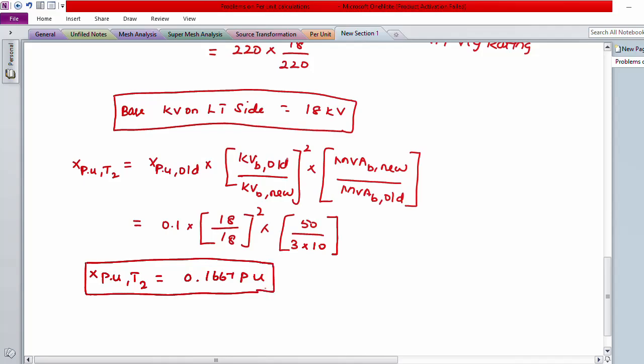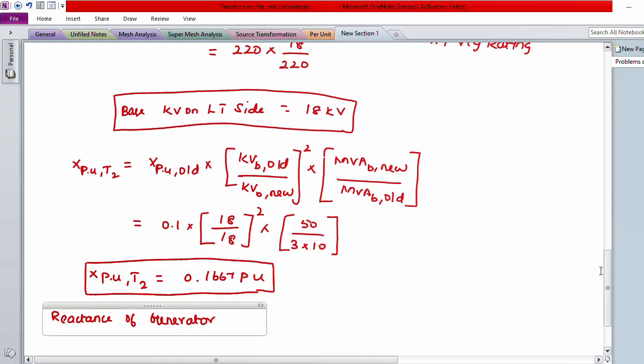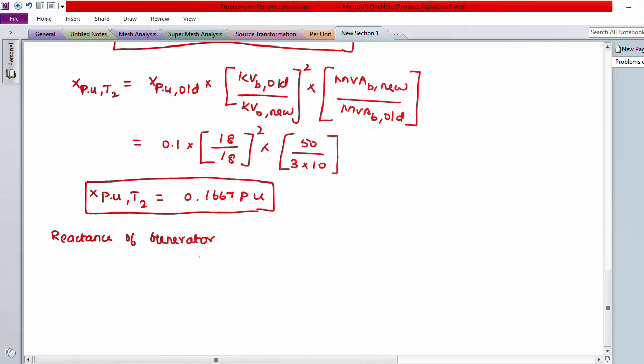Similarly, we have to calculate the reactance of generator 2 by using the same formula. So we know the formula for per unit reactance: X per unit new is equal to X per unit old. The X per unit old value of generator 2 is 0.2 per unit, that is given in your problem, and the kVB old becomes 18 and the kVB new becomes 18.